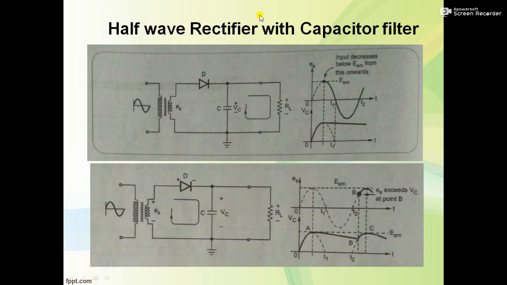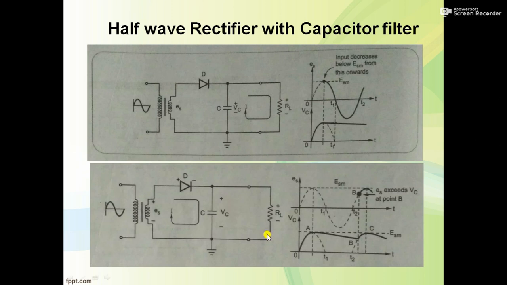Again, according to the number of diodes used, it is classified as: half wave rectifier circuit with capacitor, full wave rectifier with capacitor, then bridge rectifier with capacitor filter.